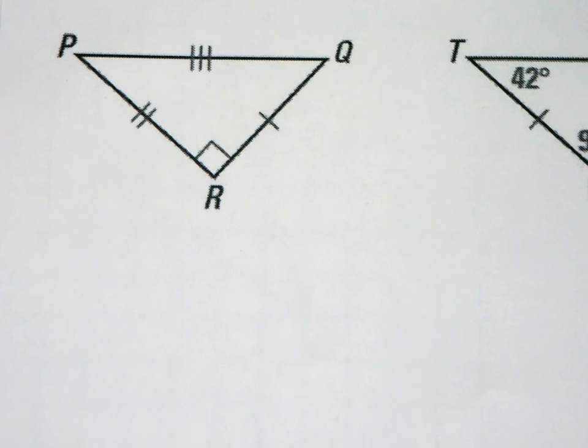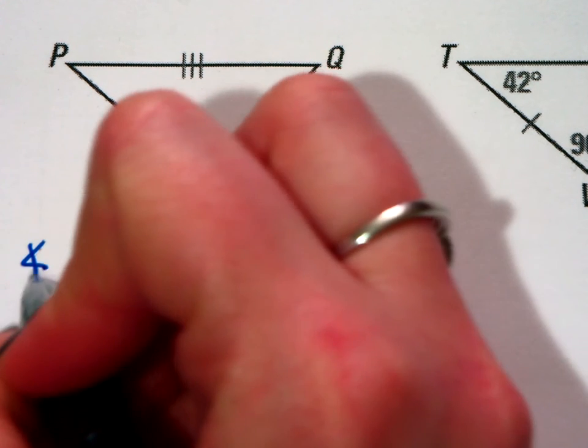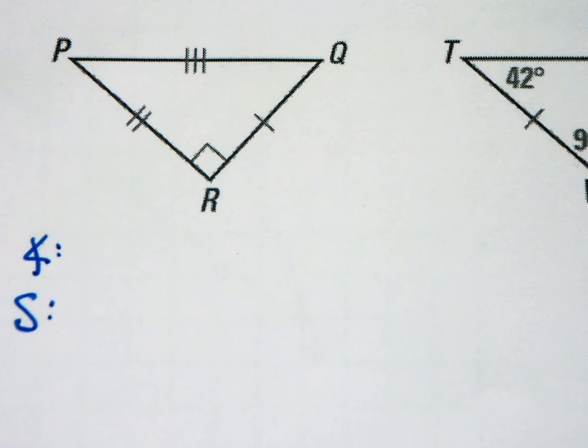All right, let's hop down to number 4. Now number 4 is a little trickier because there is nothing in number 4 that's telling us any other information about our triangle. We have no numbers, all symbols. This is where notation is very, very important. So again, we're going to classify by angle type and by sides.